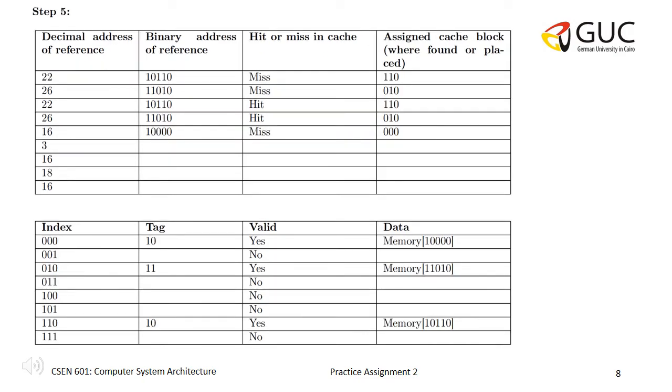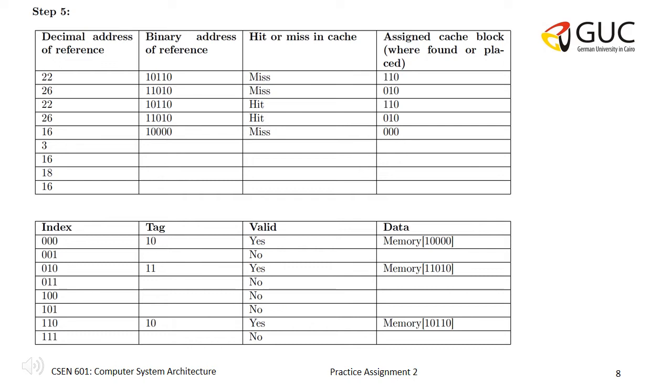For the address 16, we first converted as usual to binary, which is 10000. Since the index is 3 bits, we take the 3 least significant bits from the right of the address, which is 000. Therefore, we take this index and go with it to the cache into block 000, and first we check the valid bit.